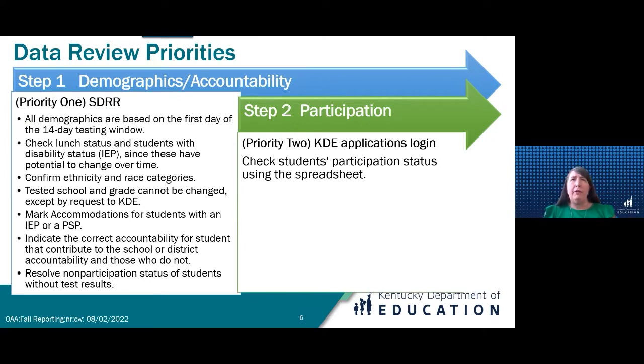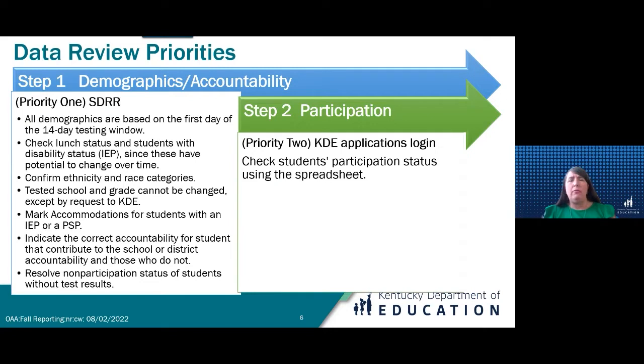Now, for data review, that is one of the differences between rosters and data review: you're able to click right on the demographics and make those changes. But if you make any changes to your demographics in SDRR, also go back and make sure that Infinite Campus is updated, so that all of that information is always current.